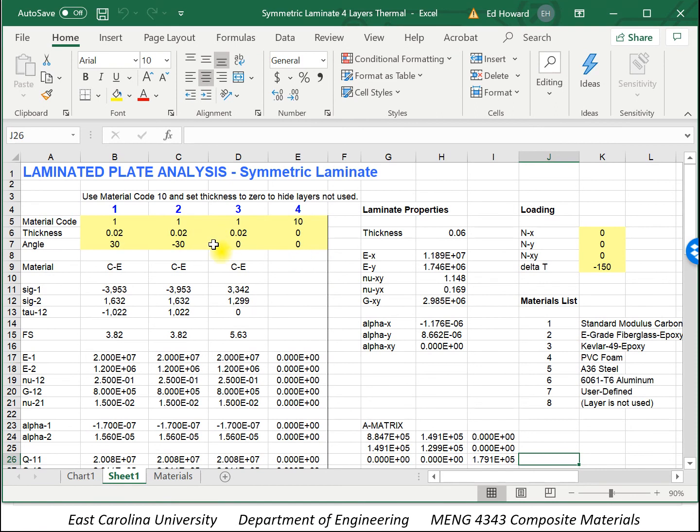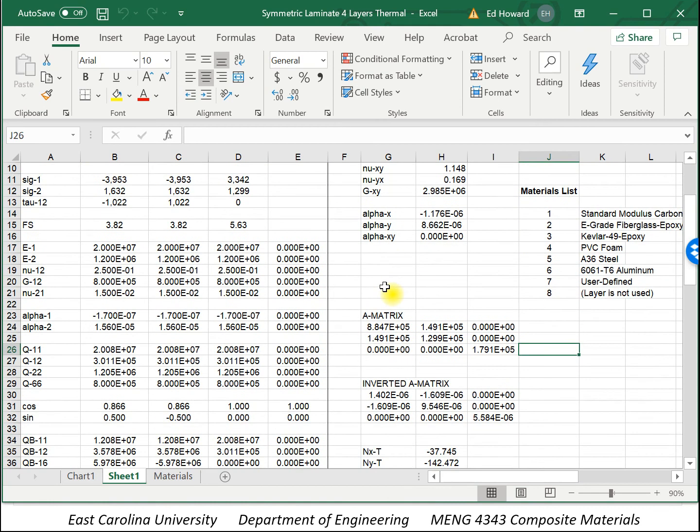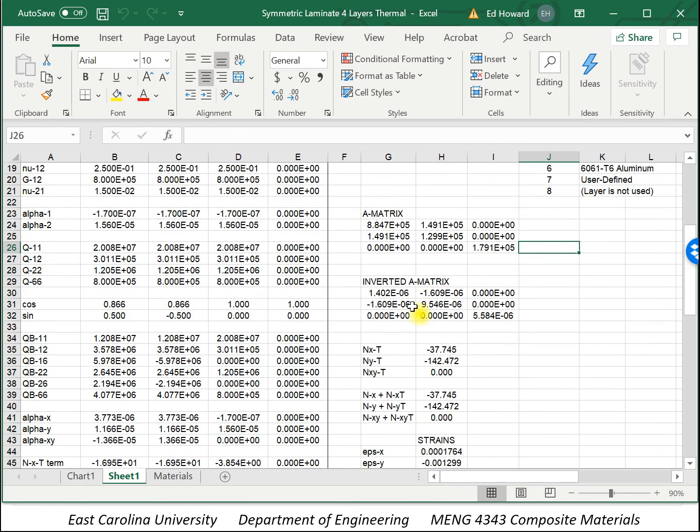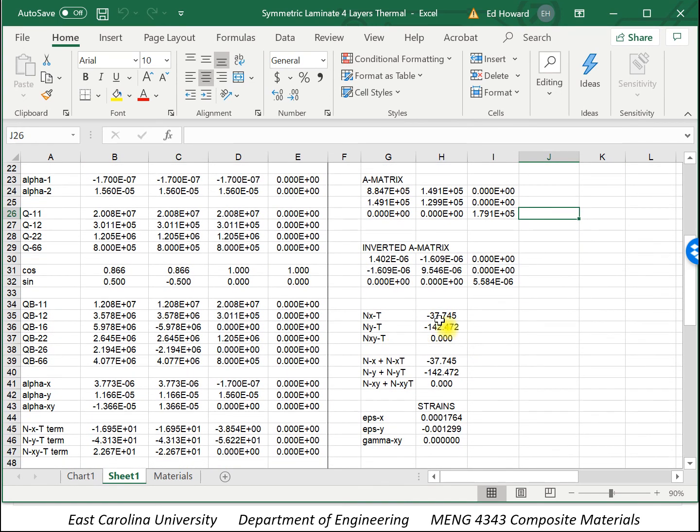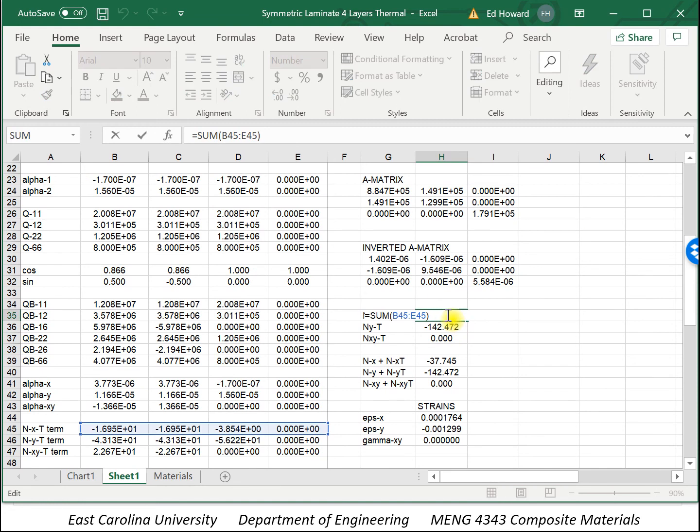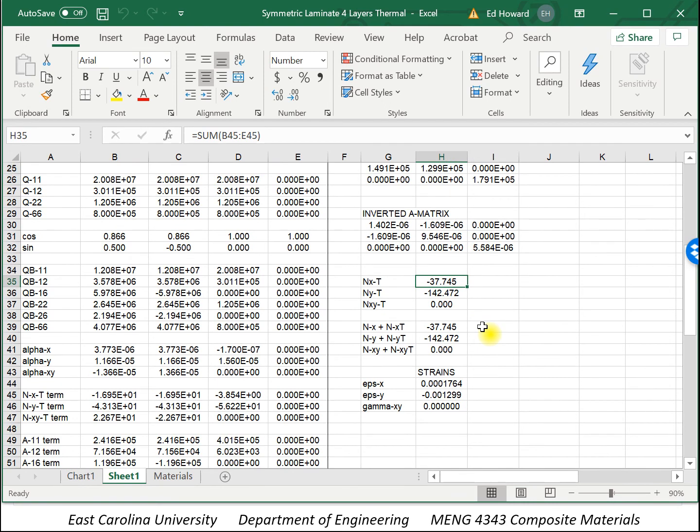Okay, before we wrap up here, I want to shift over to the spreadsheet where we can add those calculations. So right here under loading, I've added a temperature change right here. And so down below the inverted A matrix, I've had to move the strains down a little bit because the first thing I have to do is to calculate the thermal loadings, n sub x, n sub y, and n sub xy with the equations that we've shown in the PowerPoint so far.